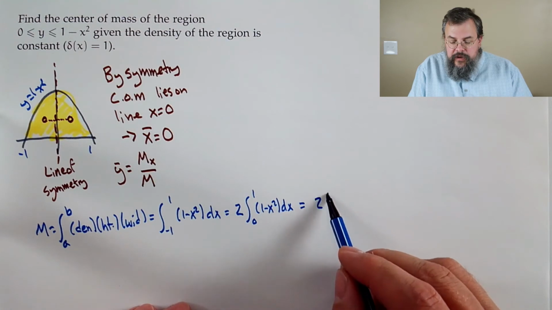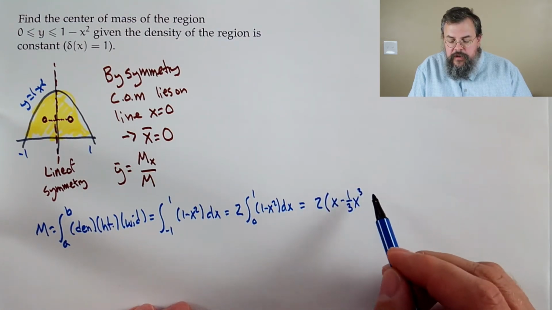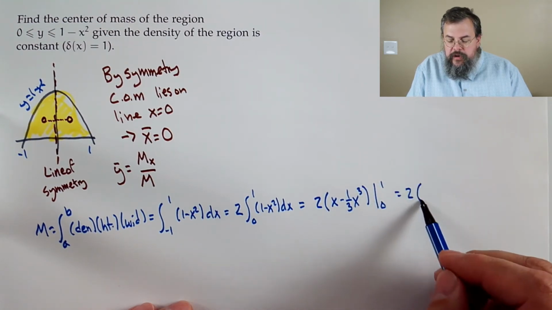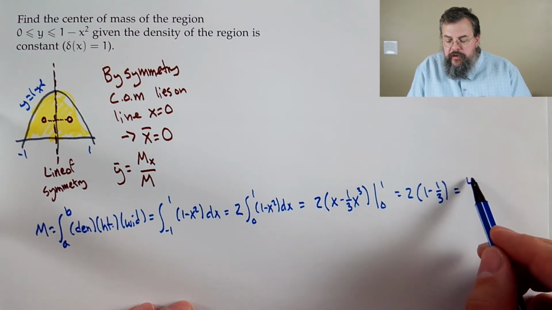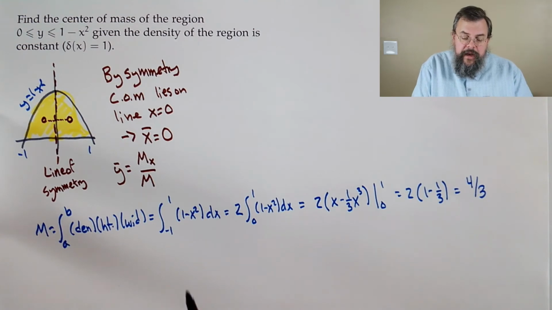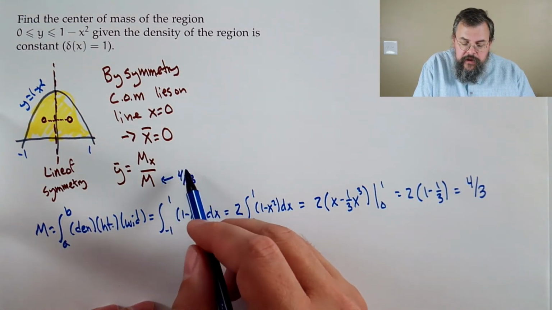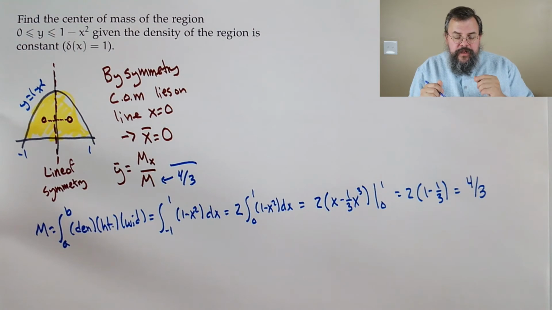So that's 2, and then we get x minus 1/3 x cubed. Evaluate that from 0 to 1. So that's really 2 times 1 minus 1/3. 2 times 2/3 is 4/3. And good, we've got our mass. So there's our mass, 4/3. Okay. What about our moment?